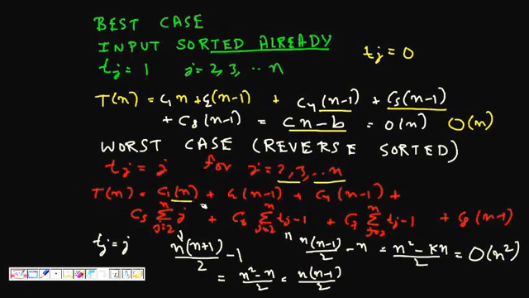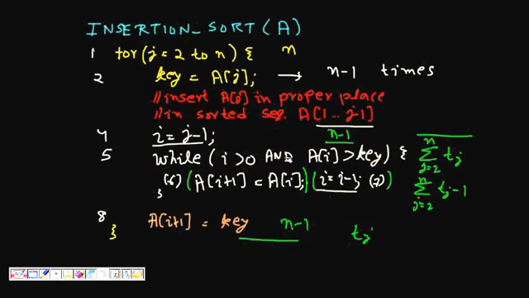So it is c1 n plus c2 (n minus 1). c4 is the fourth line, executed n minus 1 times. Let's see c5. This is the while loop, so it will be executed tj times for j equal to 2 to n. Since tj is equal to j, it is the sum of j from 2 to n.